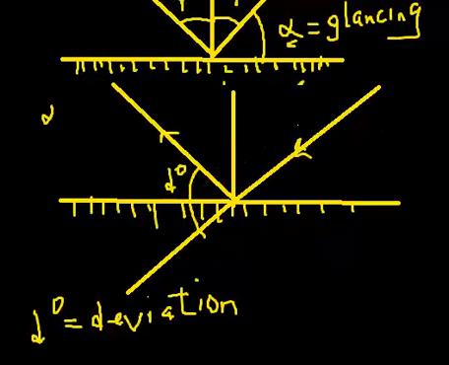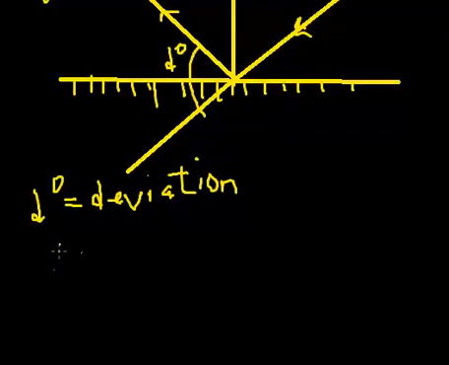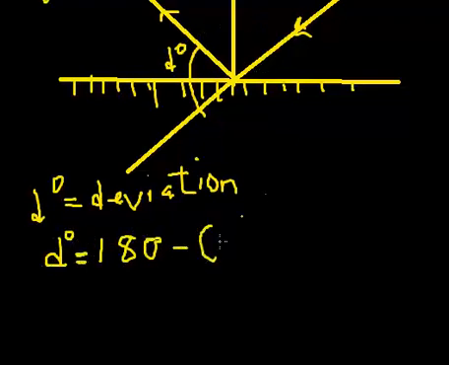So the formula for the angle of deviation is 180, then you subtract the other two angles, which is angle of incidence plus angle of reflection.